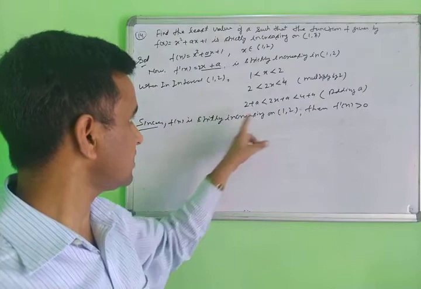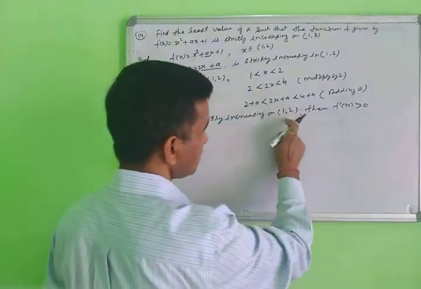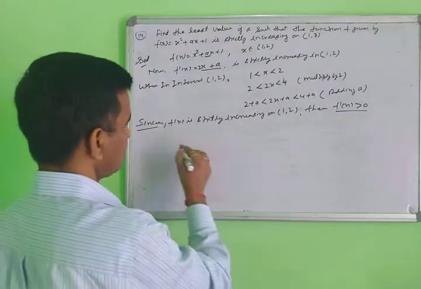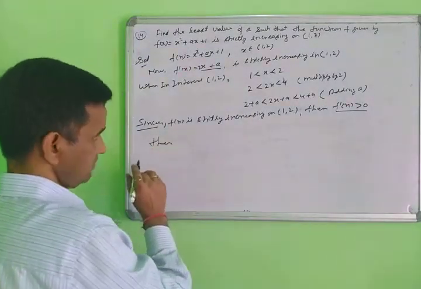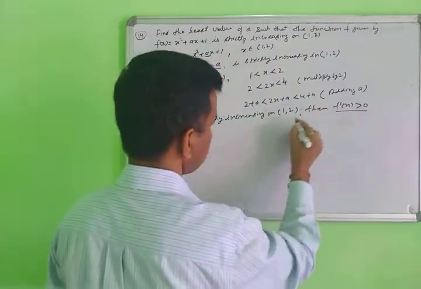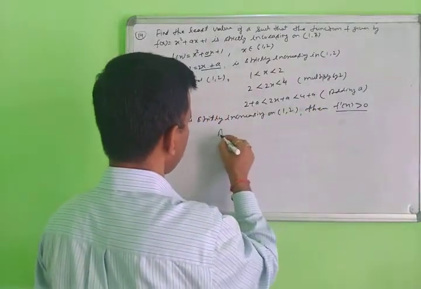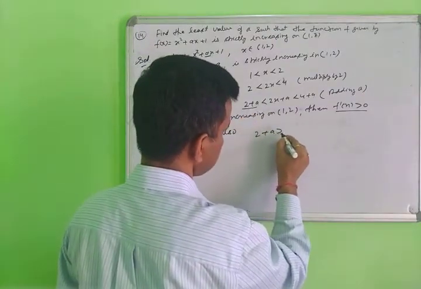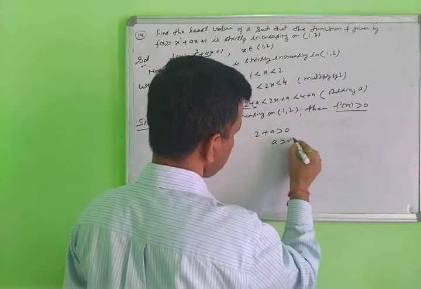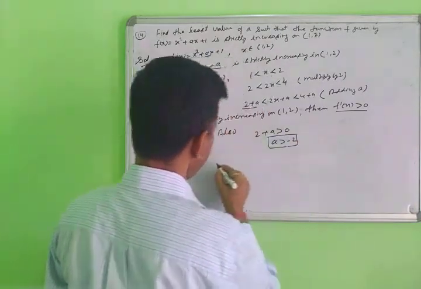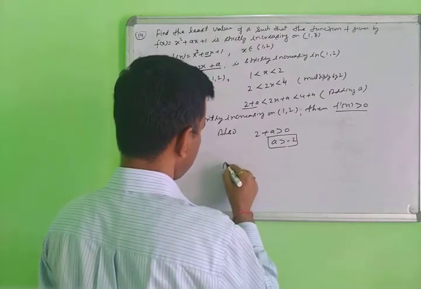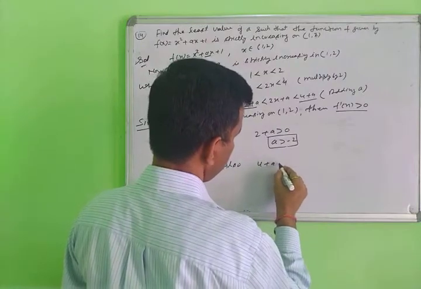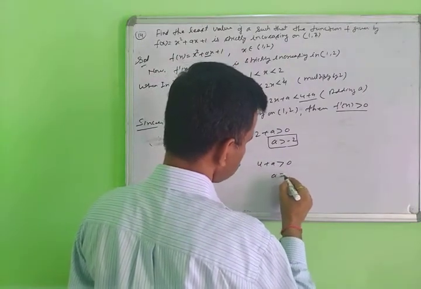In this interval the value of f dash will always be greater than 0. So this also is greater than 0: 2 plus a greater than 0, what value of a is minus 2, first value. And also if 4 plus a is greater than 0, what value of a is minus 4.